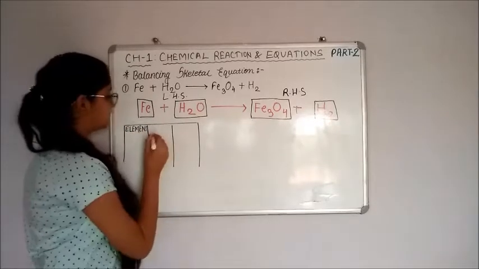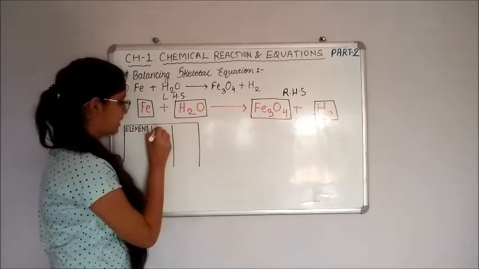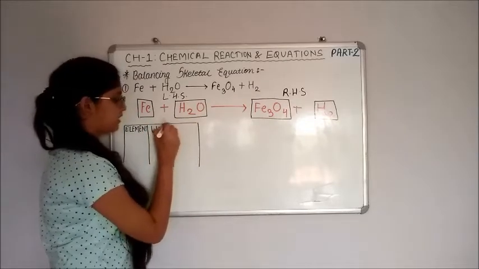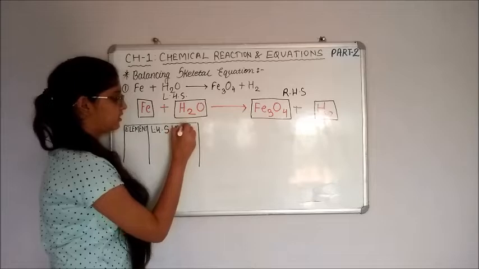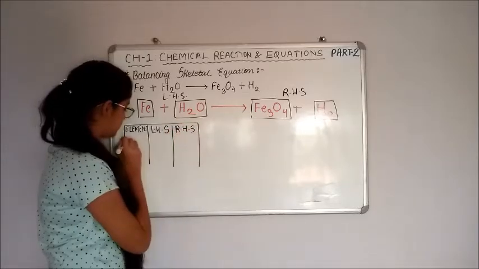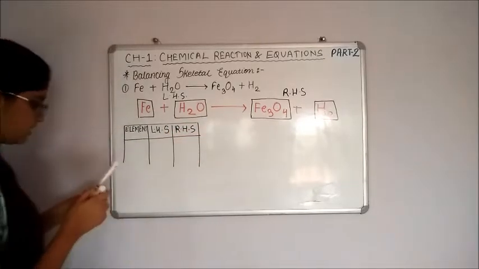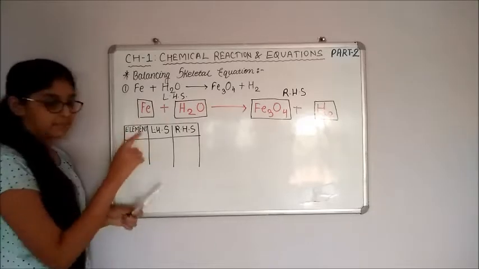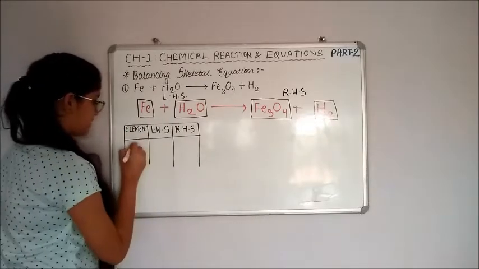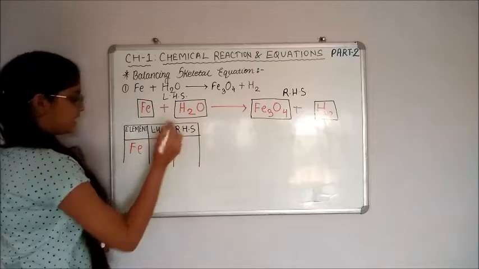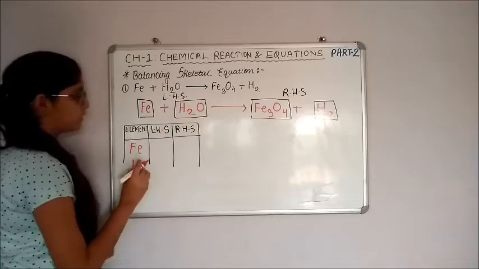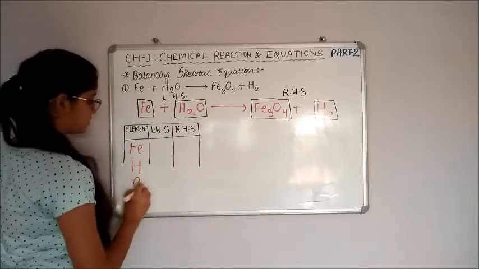The second has number of atoms on left hand side, and the third has number of atoms on right hand side. The first element is iron, so we'll write Fe. The second element is hydrogen, and the third element is oxygen.